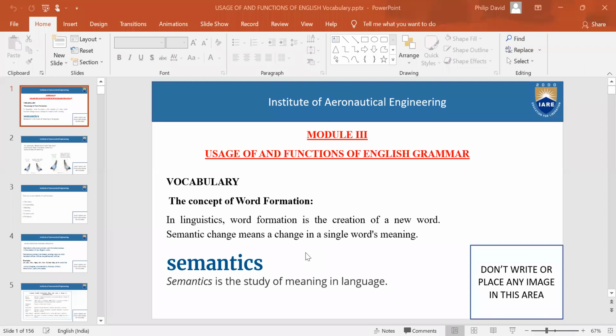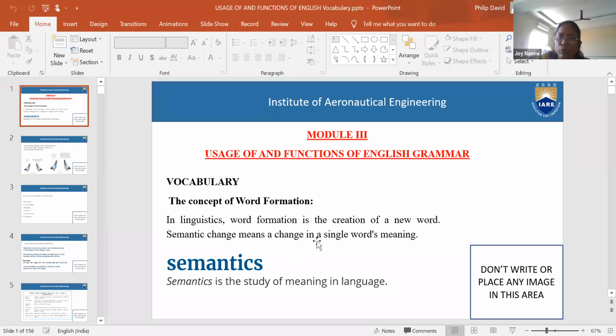So, the study of language, linguistics. All right, how new words are formed. Let us see. So, semantics, what is the meaning of semantics? Semantics is the study of meanings in a language. So there is a difference between word formation and semantics.